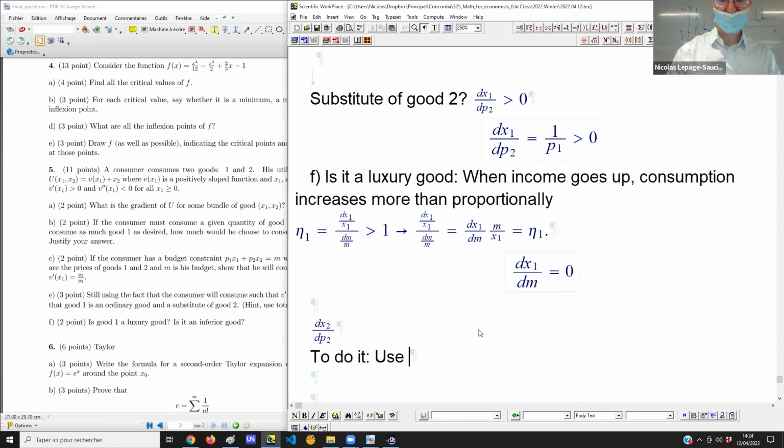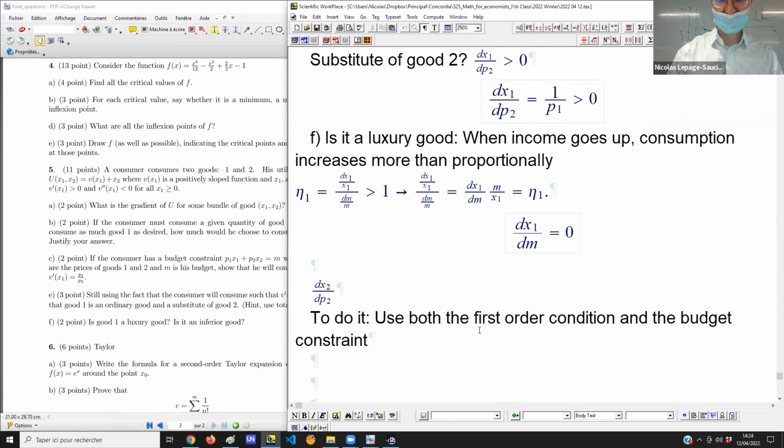Use both the first order condition and the budget constraint, and note if p1 changes, then probably x1 and x2 may change.